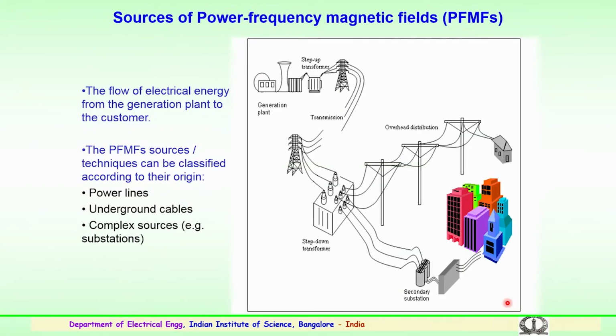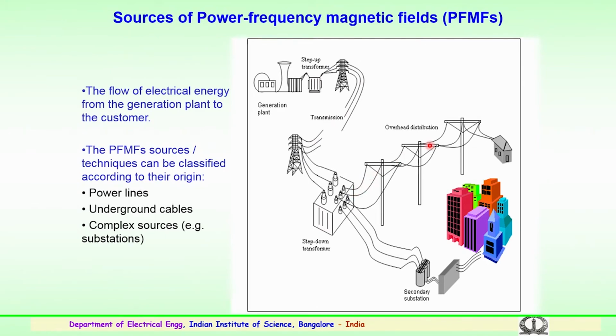So, where are the sources of these electric and magnetic fields seen, particularly at power frequency levels? Going back, we have generating plants, various types of generation, and a step up transformer to transmit at a very high voltage. Then we step down to the required levels, and from the stepping down through the substation we distribute it to the local requirement.